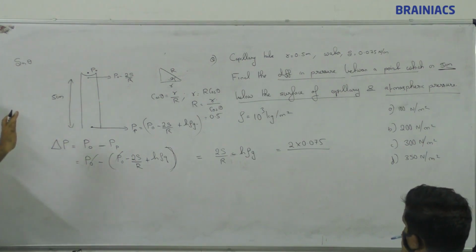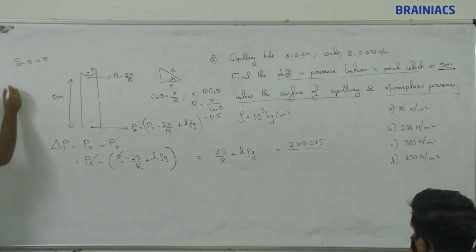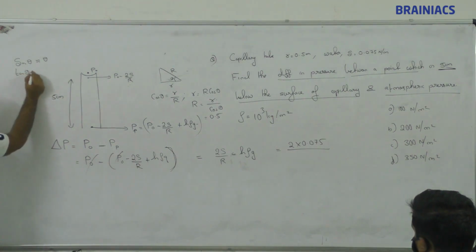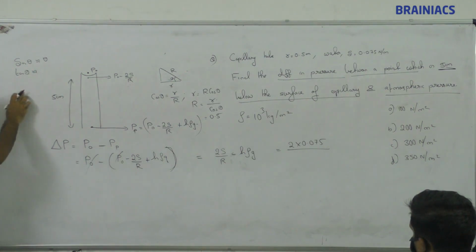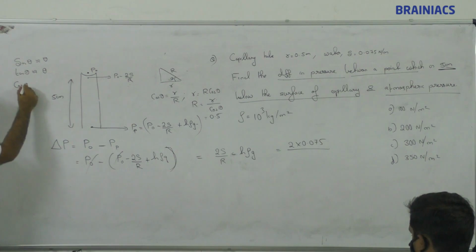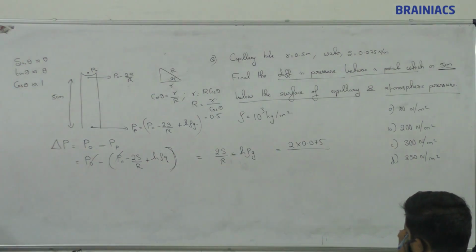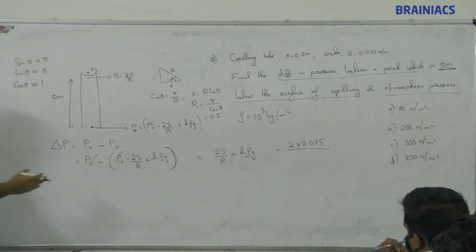Sin theta is equal to theta. In the case of tan theta, if it is very small, what we used to write? Theta. If you are getting cos theta, if it is very small, this will be equal to 1.